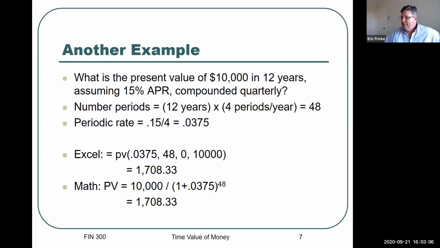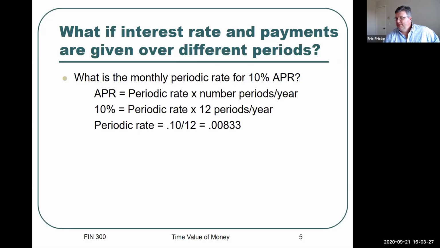And you can see in the example right here, we did this. Here are the number of periods. So this is the original example where we calculated that periodic interest rate. We start off with the basic APR equation. Annual percentage rate equals the periodic rate multiplied by the number of periods per year. 10% equals the periodic rate times 12 periods per year, because in this example, the APR was 10%, and the number of periods per year was 12 in the previous example to this one, okay?